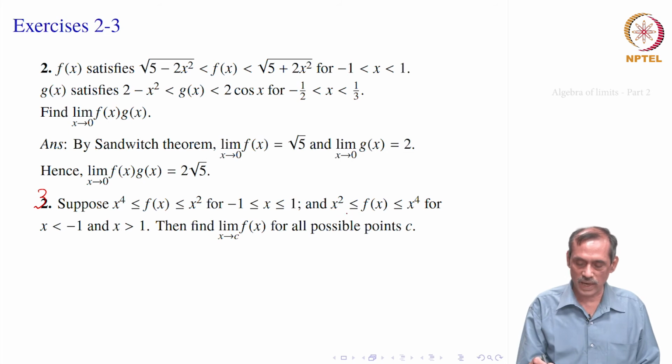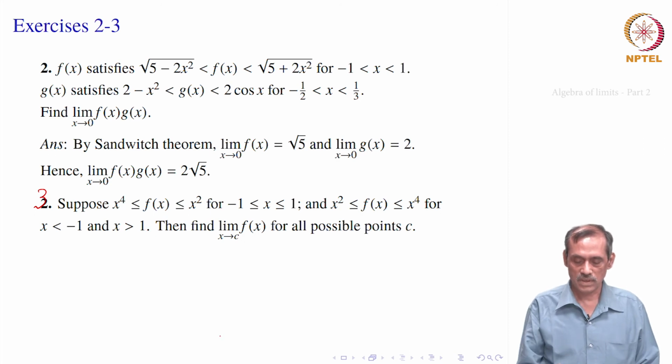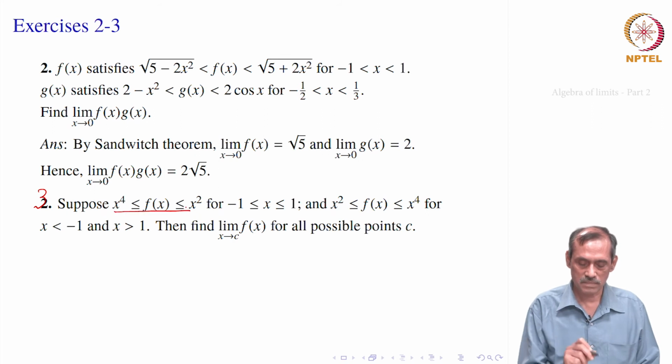Similarly, x square is less than or equal to f x less than or equal to x fourth, it is the other way around now, for x less than minus 1, and x square is less than or equal to f x less than or equal to x fourth for x greater than 1. So, that means at minus 1 and at 1, within that also this inequality, and elsewhere we have this inequality.